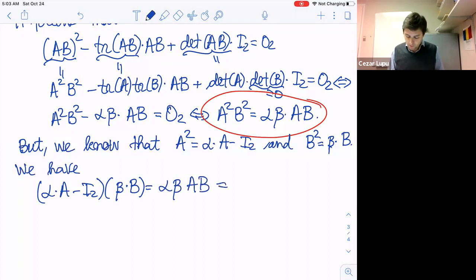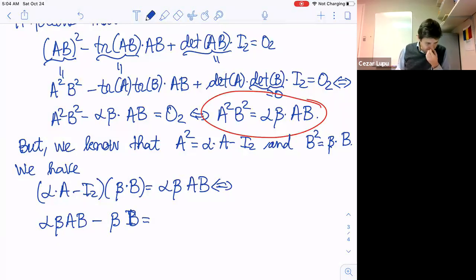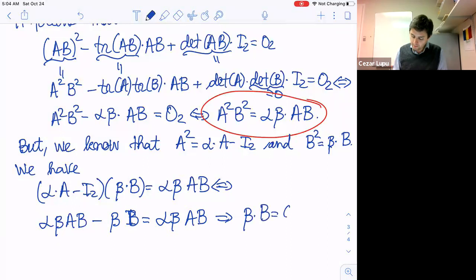Okay, which is equivalent, if we do some computations here, with alpha beta AB minus beta B equals alpha beta AB. And from here, this implies that beta times B is O2.